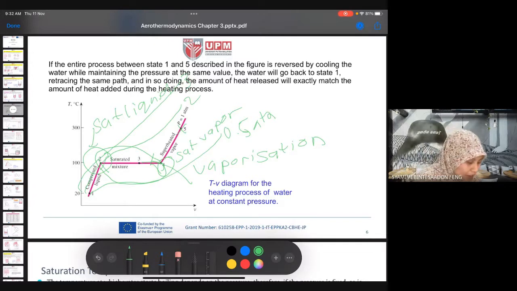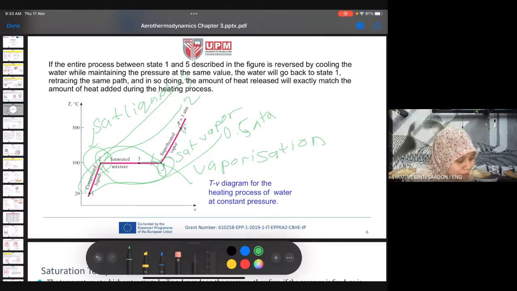Once it reaches saturated vapor at state 4, if the water continues to be heated and vaporized, the water will change its phase into superheated vapor. It gets hotter and hotter. If we keep giving heat to the water, it continues to superheated vapor until point 5. If we stop giving heat, it will stop and start the process of condensation, so it depends.